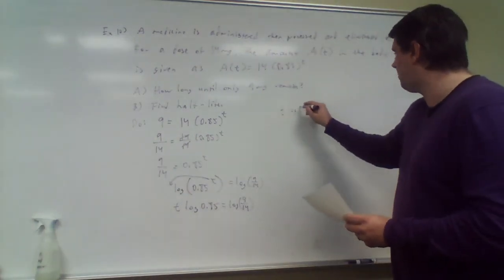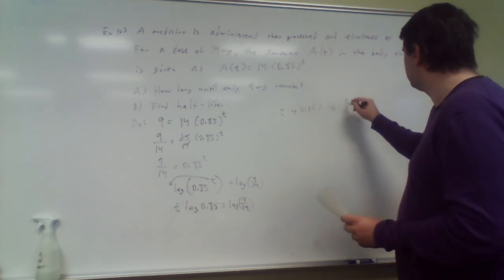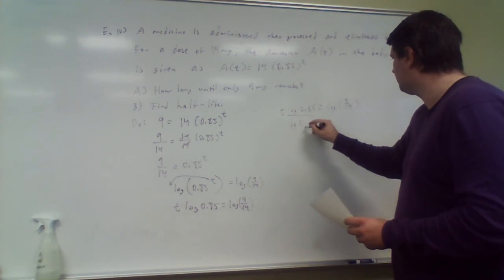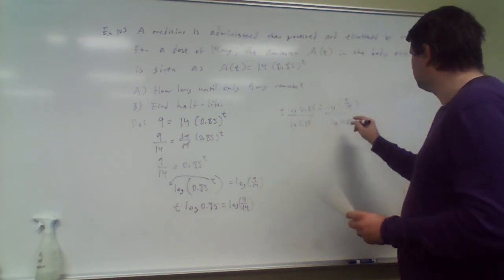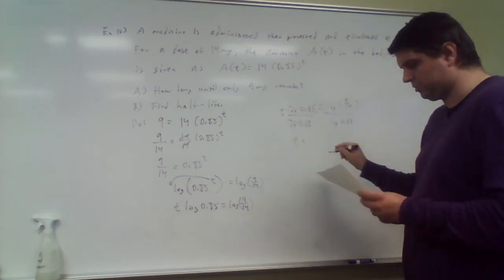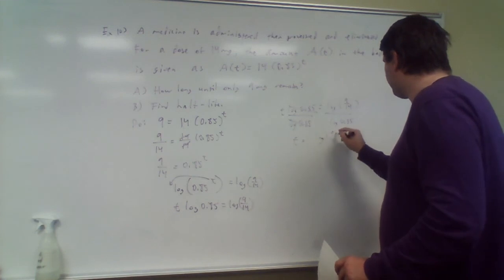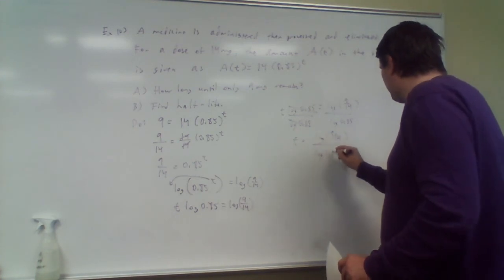So t log 0.85 equals log of 9/14. I'll simply divide off the log of 0.85. So cancel, cancel, and t equals log of 9/14 over log of 0.85.